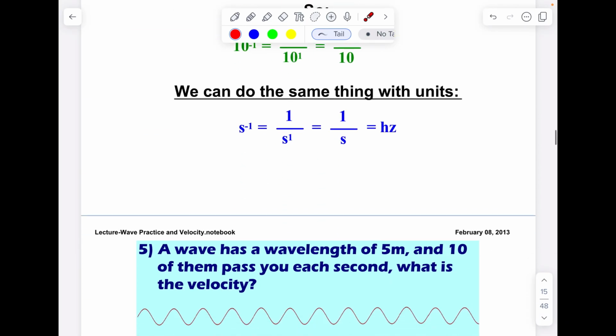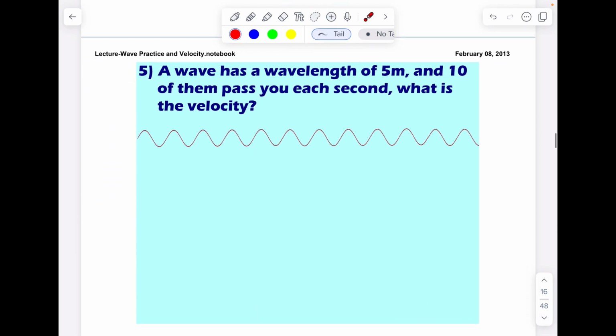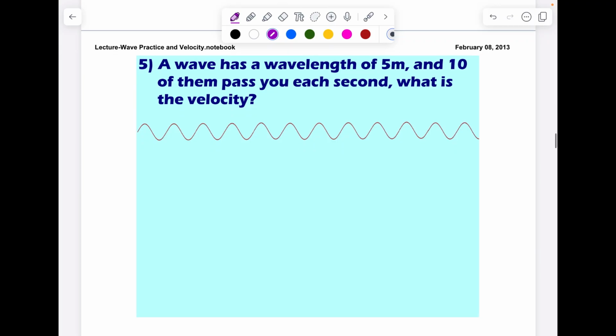So let's do another application here, okay? Let's talk about it in terms of waves. Let's say instead we have a wave that has a wavelength of 5 meters, so every wave that goes by is 5 meters, and 10 of those go by per second. There are a couple of different ways we could do this. We could say that our frequency is 10 waves per second, or really our frequency is 10 hertz.